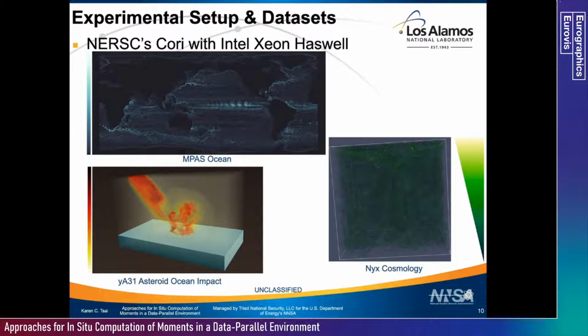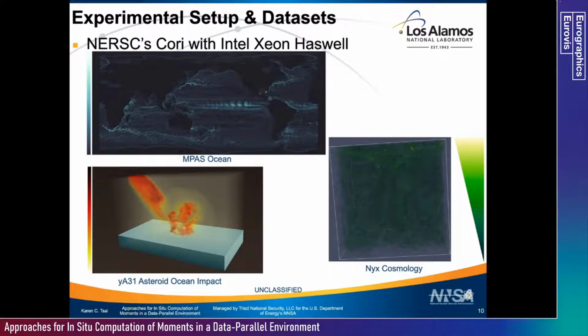We chose 3 representative datasets to conduct our experiments on. The first dataset is shown in the top left, and it is a single time step from the MPAS ocean simulation. Unlike in the previous example we have talked about, we use the whole dataset here instead of just a subset. We focus on the velocity 2D vector field in the dataset.